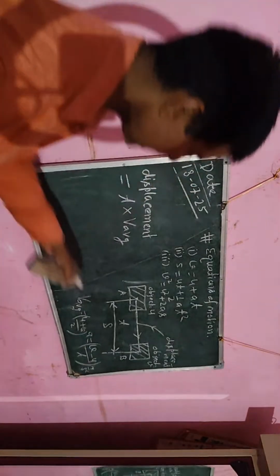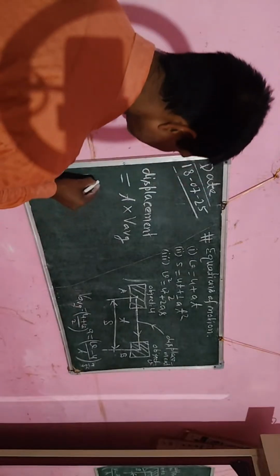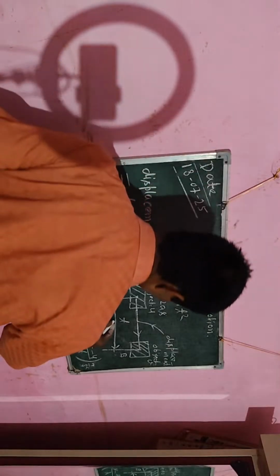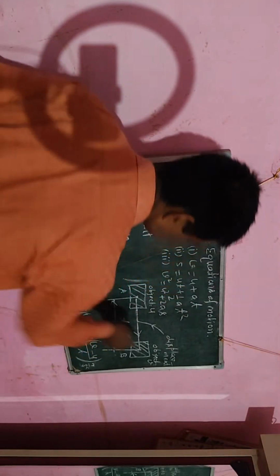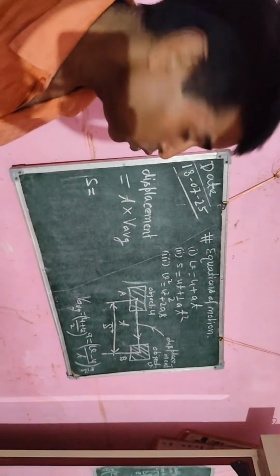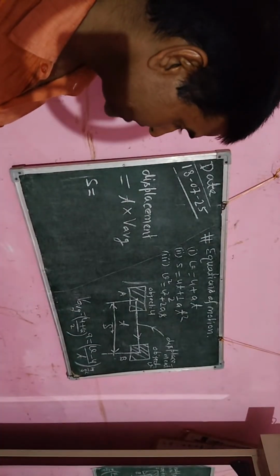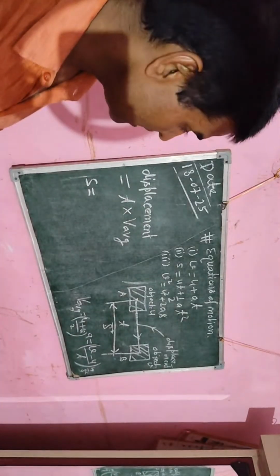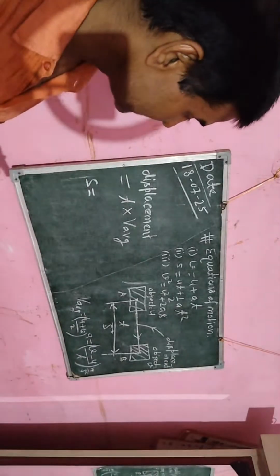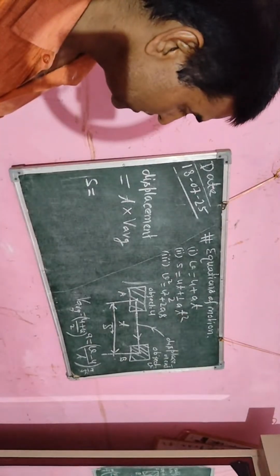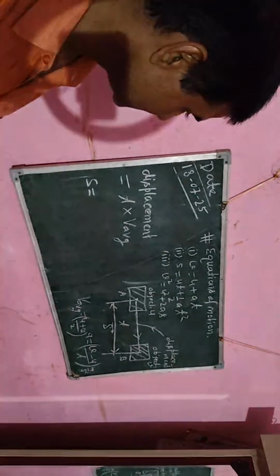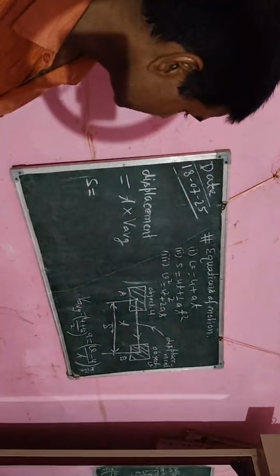Now displacement I can write with s, because displacement is a vector quantity, the shortest distance between two points. But a distance which is more than the shortest distance, the maximum with respect to displacement, is called distance.